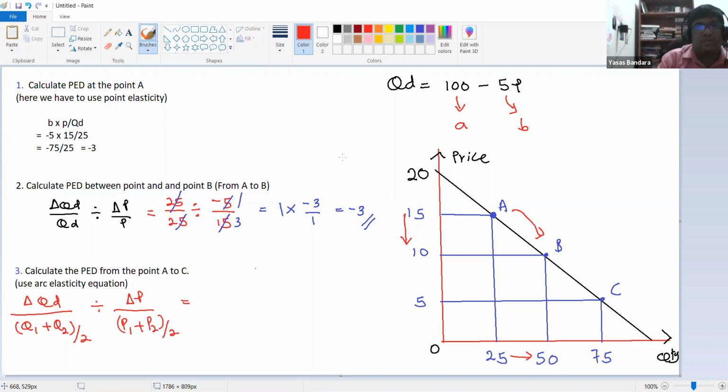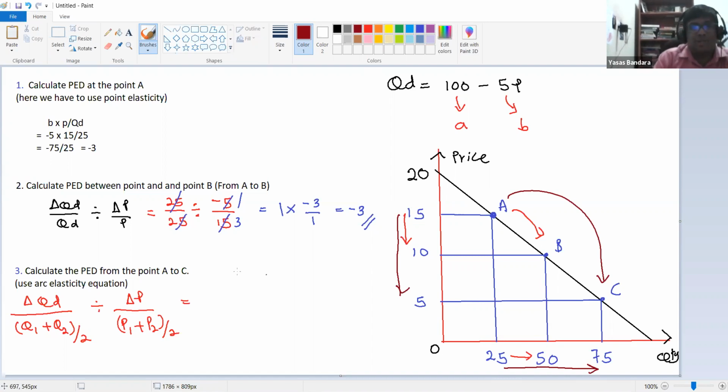So can we substitute the values? So now what we do is we'll take A to C, we use an arrow, A to C. A to C, can you see 25 to 75? That is the change in quantity. Price 15 to 5.